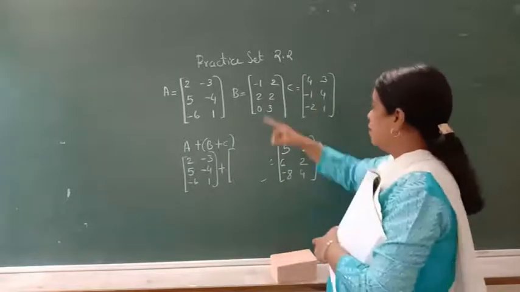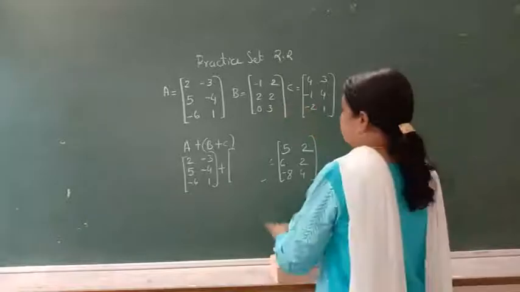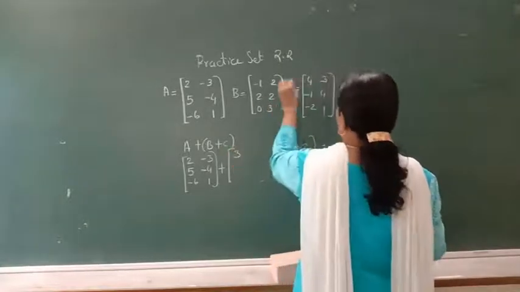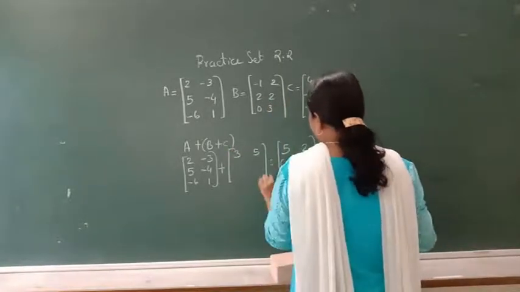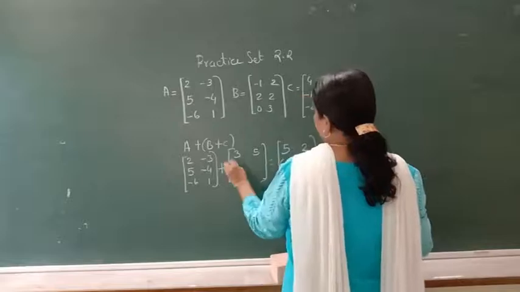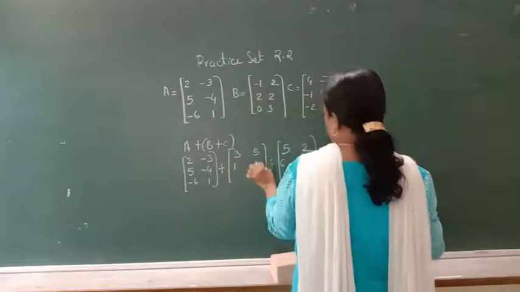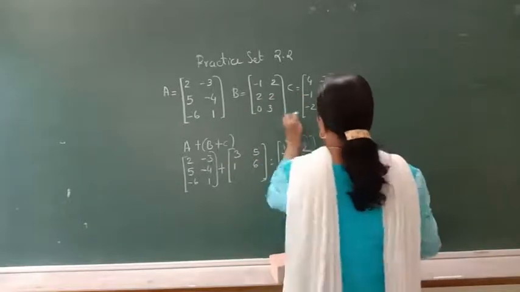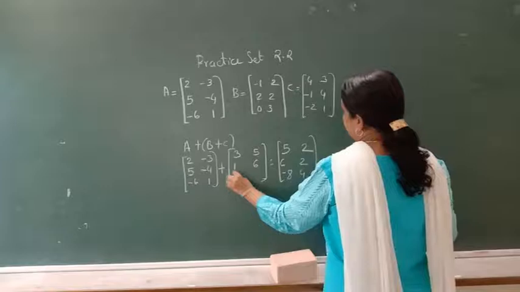Now B plus C. Minus 1 plus 4, 3. 2 plus 3, 5. 2 plus minus 1, 1. 2 plus 4, 6. 0 plus minus 2, that is minus 2.